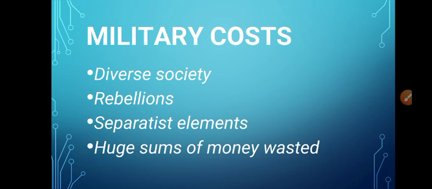And then there were rebellions against the empire, and then there were separatist elements. There were elements who wanted to be separated and form independent rule. So all these problems needed to be curbed by the use of military force. Therefore, huge sums of money were wasted on military expeditions.